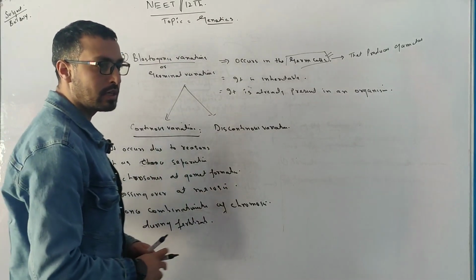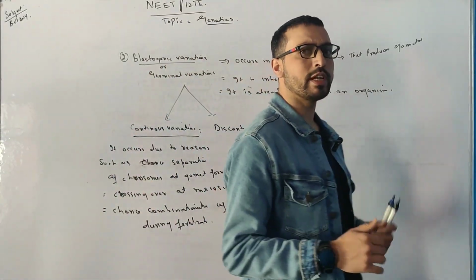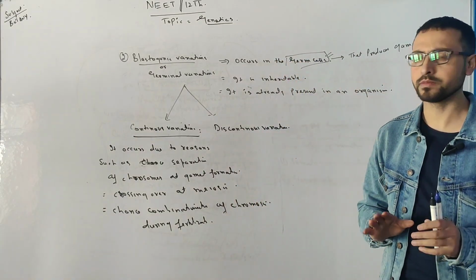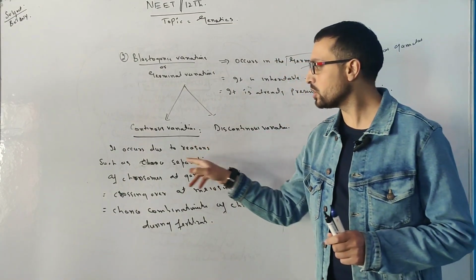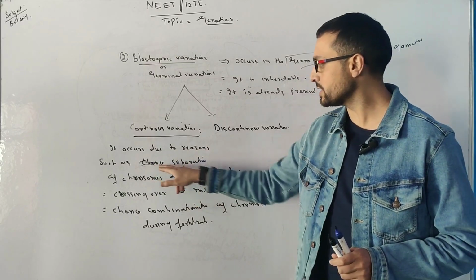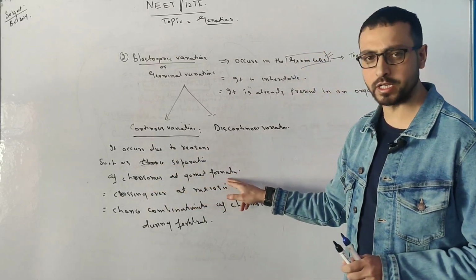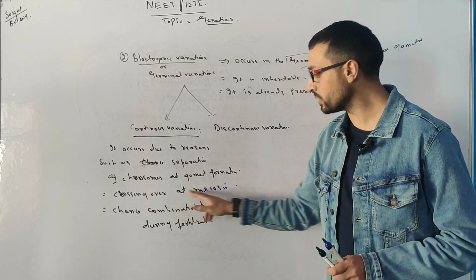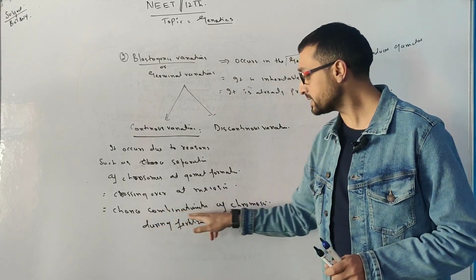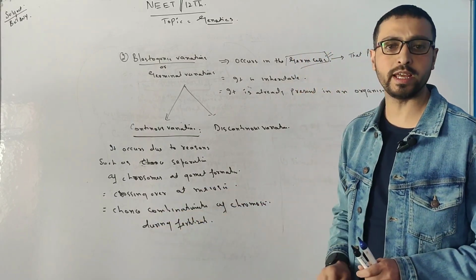So continuous variations are already present in an organism. It occurs due to the reasons such as chance separation of chromosomes at gamete formation, crossing over at meiosis, chance combination of chromosomes during fertilization.